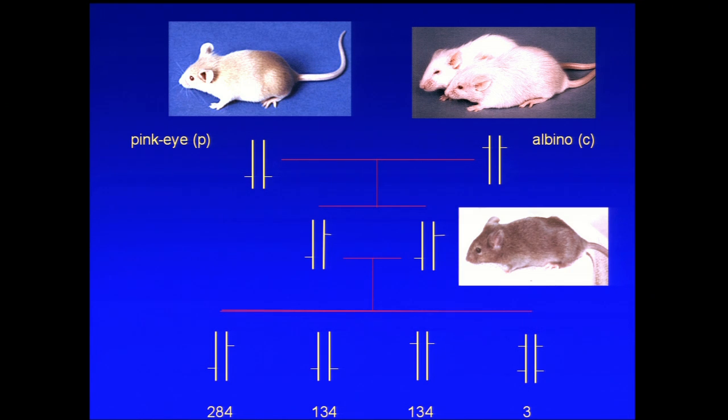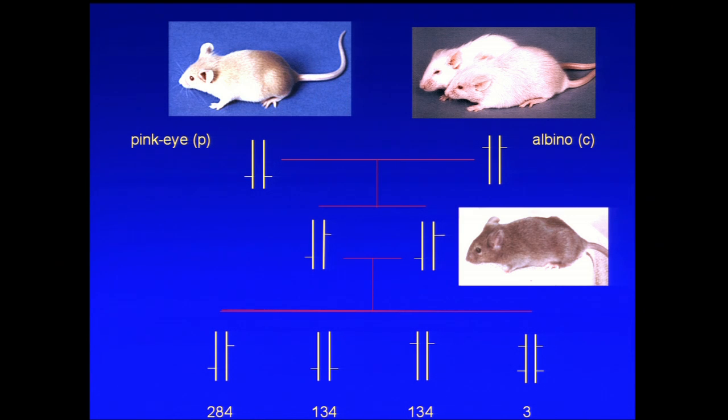And the only way that this could occur is if a recombination event occurred between these two loci, and you ended up having them both on the same chromosome, and then getting two of these recombined chromosomes in a single individual.